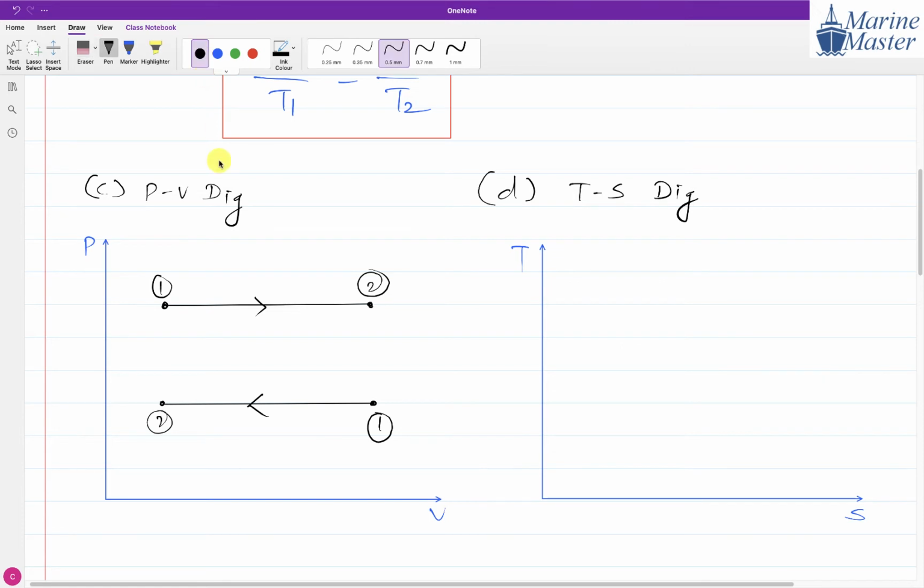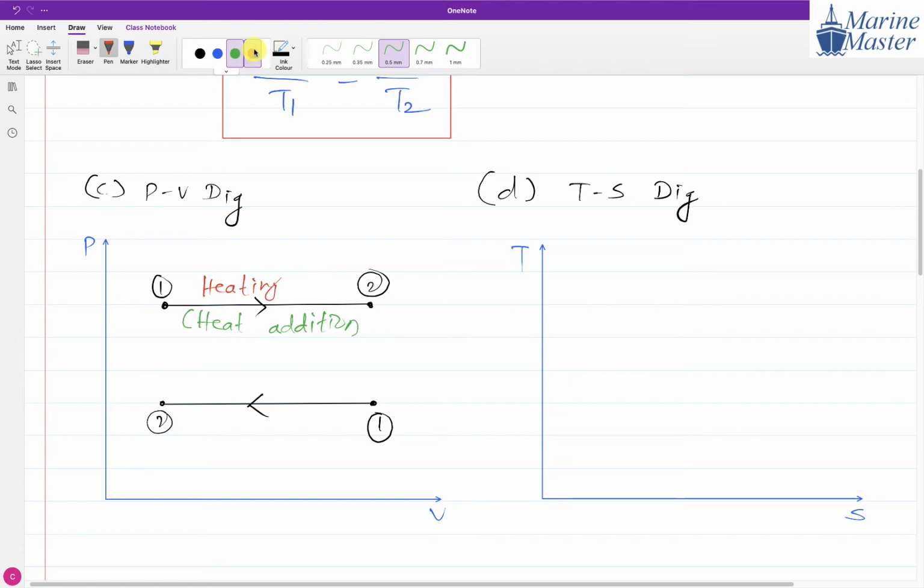Out of this heating or cooling scenario, the volume increasing scenario, the above one, will be heating. Because of the heat addition, the volume will increase. So this is our heating scenario, and heating means heat addition.